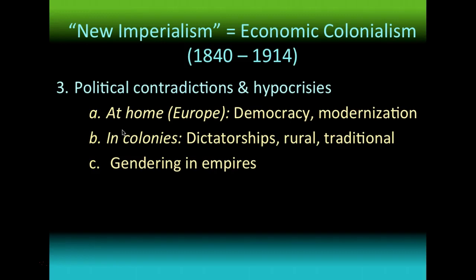In the colonies, however, modernizing is seen as kind of hypocritical and inauthentic, and so there's a desire to keep modernization and technology out of colonies, and instead they're ruled by dictatorships from European superpowers.